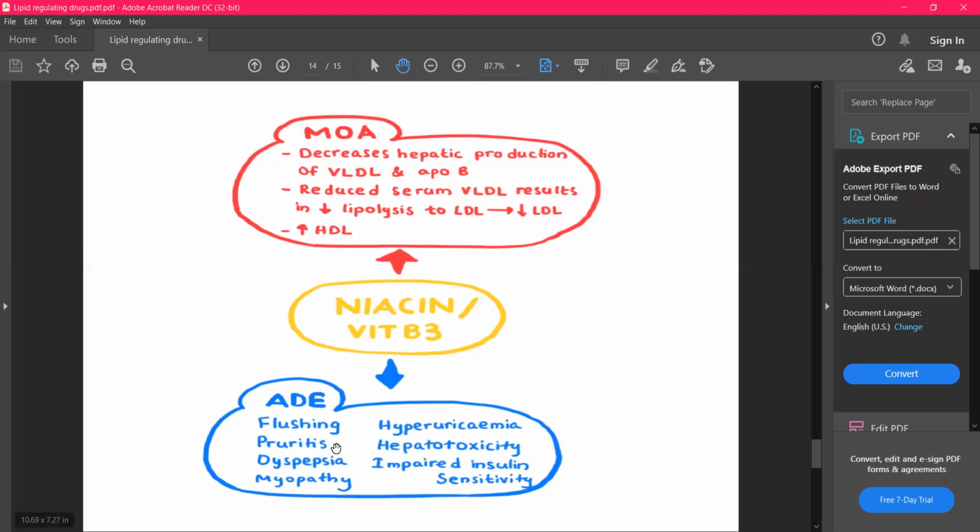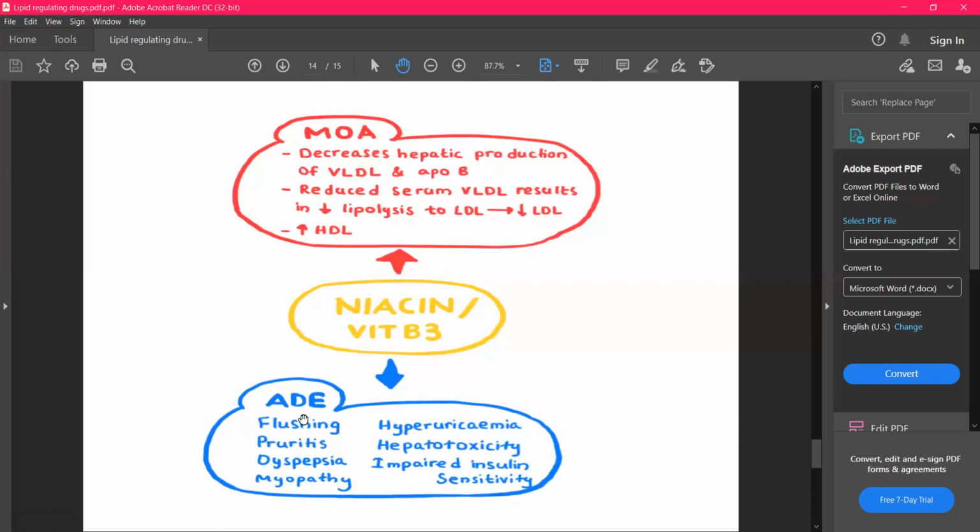Adverse drug effects are flushing and pruritus. These two are the most important ones, along with hyperuricemia. Flushing is prostaglandin mediated. So how do you prevent this? You need to inhibit prostaglandin synthesis, so you have to inhibit the COX enzymes. That means you take aspirin prior to niacin, and that can reduce this flushing issue.